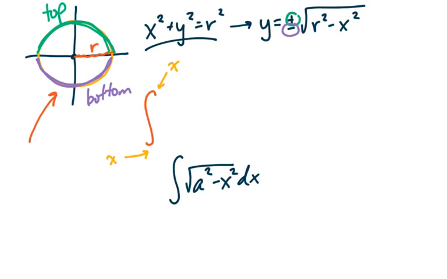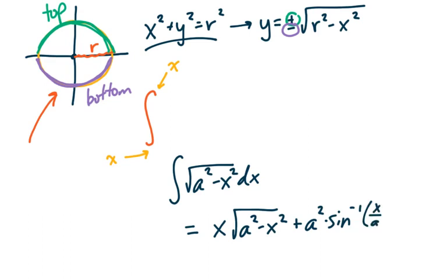The integral of the square root of a squared minus x squared, and a squared is just a constant, is x times the square root of a squared minus x squared plus a squared times the sine inverse, how strange, of x over a. And then because I didn't put any limits, normally this would be plus c, but of course you're going to be doing definite integrals with numbers or letters, so you will not have a plus c.